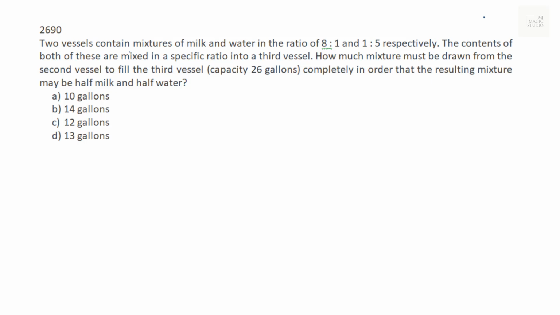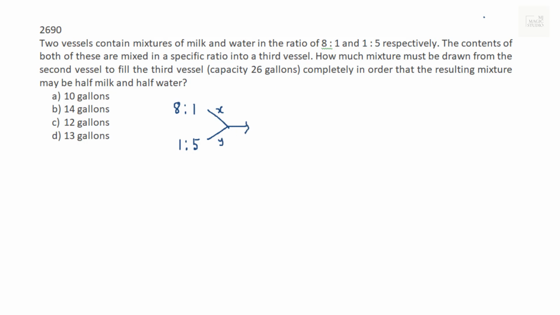Two vessels contain mixture of milk and water in the ratio 8:1 and 1:5. The contents of both of these are mixed in a specific ratio into a third vessel. These are mixed in some ratio, let it be x:y, into the third vessel.